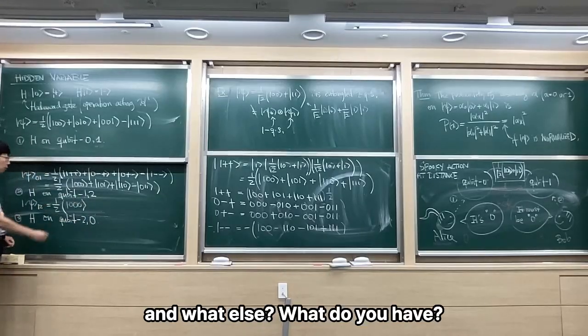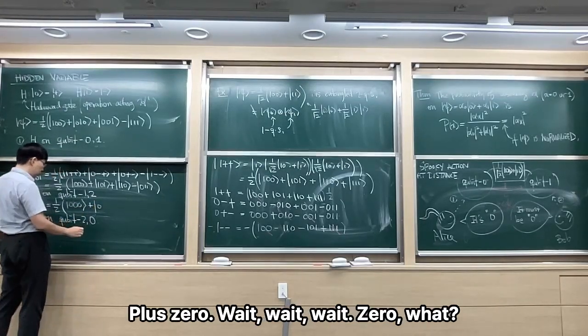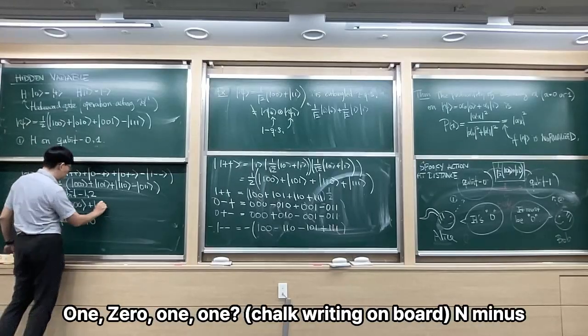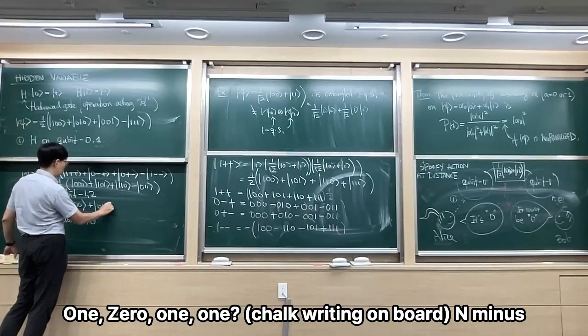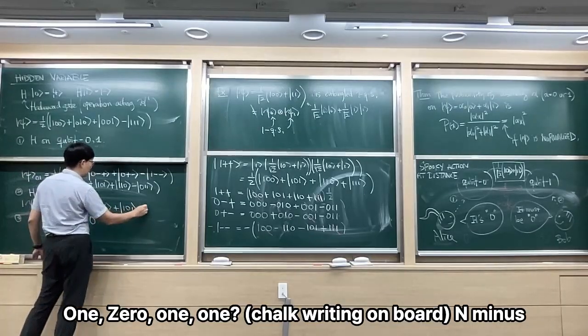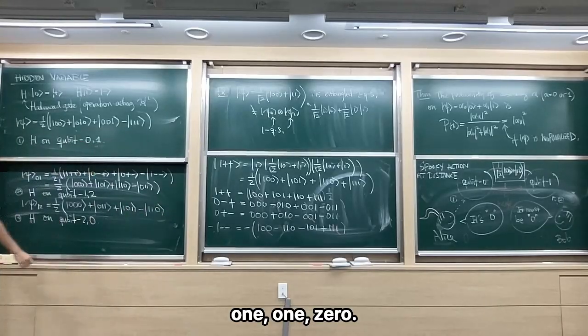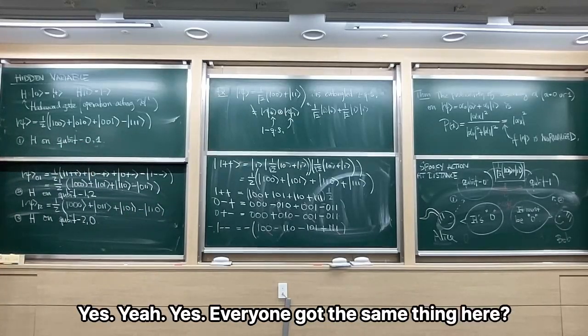And what else? What do you have? Plus 0. Wait, 0 what? 0 1 1. And minus 1 1 0. Yes. Everyone got the same thing here? Okay.